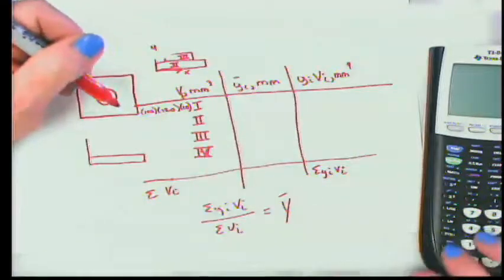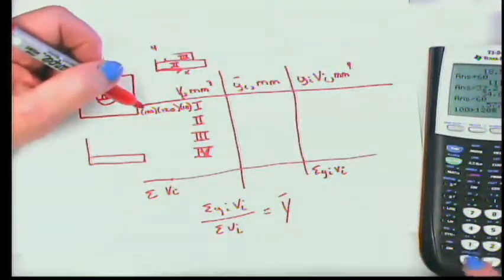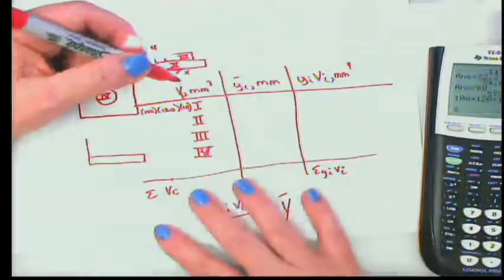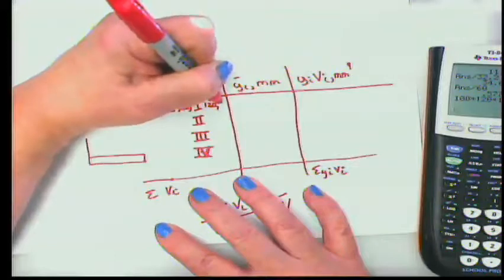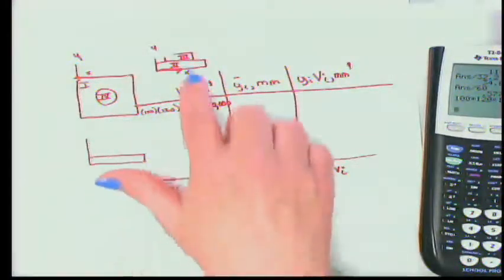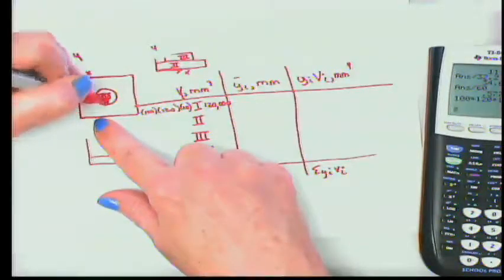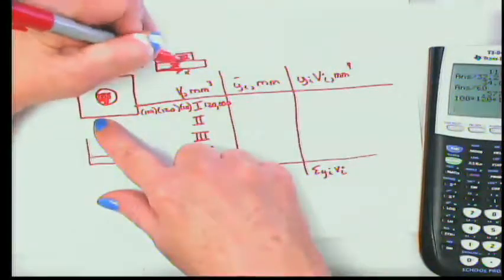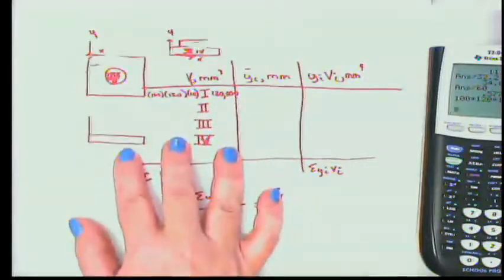So that's 120,000 millimeters to the third. Okay. I would rather call this number 2 because it's kind of like here, and then let's call this 3 and 4. Okay, just to keep my two pieces together.